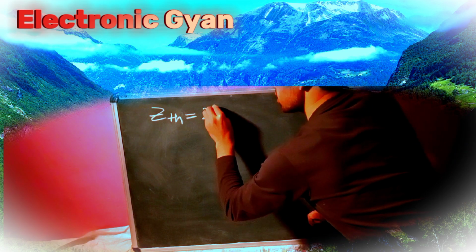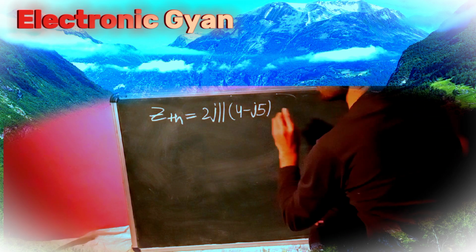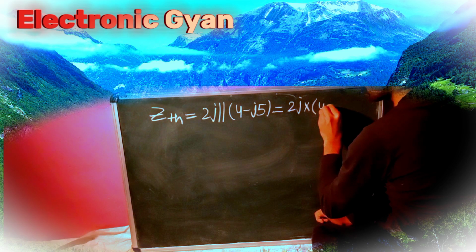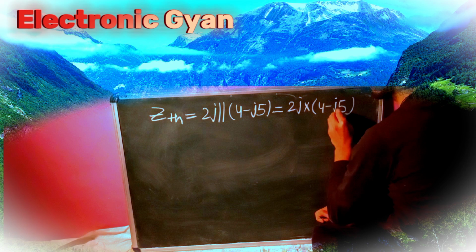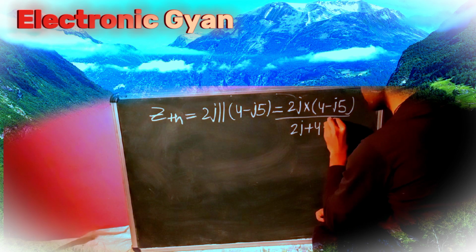ZTH is nothing but 2j in parallel with 4 minus j5, which is 2j into 4 minus j5 divided by 2j plus 4 minus j5.